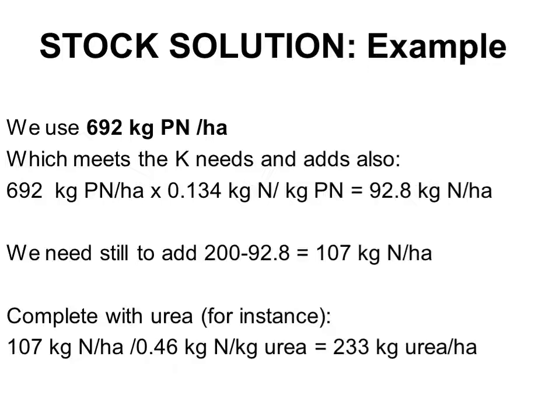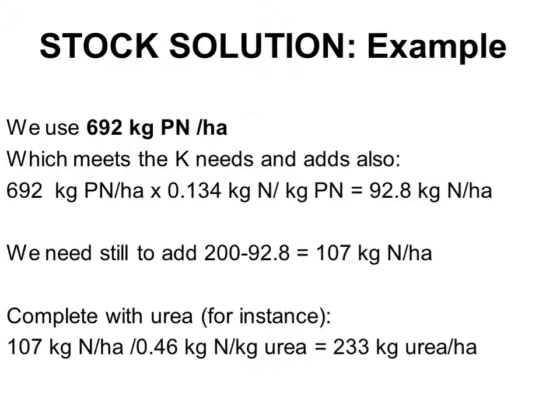We calculate how much nitrogen is left to supply to the crop. We subtract 200 minus 92.8, which is the nitrogen that comes with this amount of potassium nitrate, and we come up with 107 kilograms of nitrogen per hectare. We could complete this amount of nitrogen, for instance, using urea.